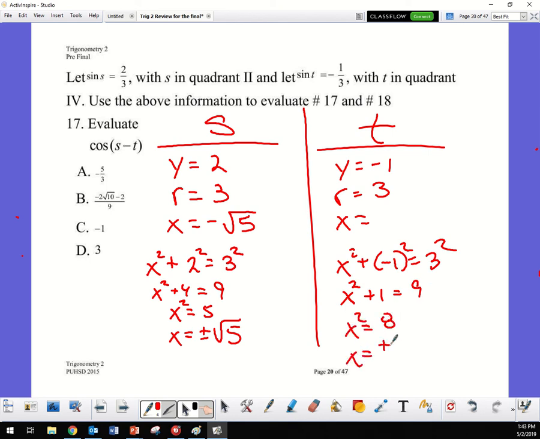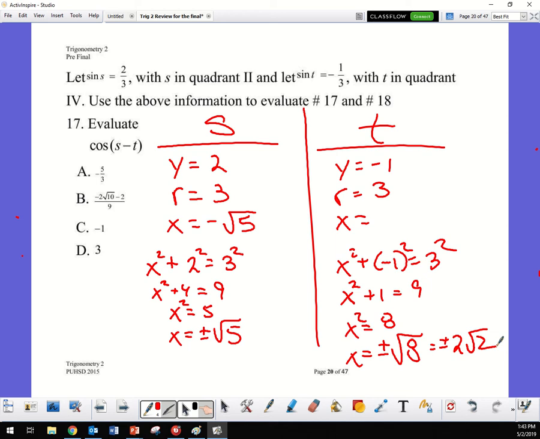X equals plus or minus square root of 8. I'm probably going to have to factor this: square root of 4 times square root of 2. What is the square root of 4? 2. So this is equal to plus or minus 2 rad 2, because the square root of 4 gives me the 2 and the rad 2 just stays as rad 2.